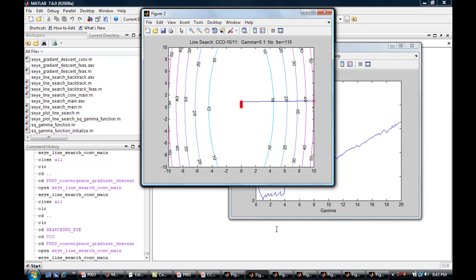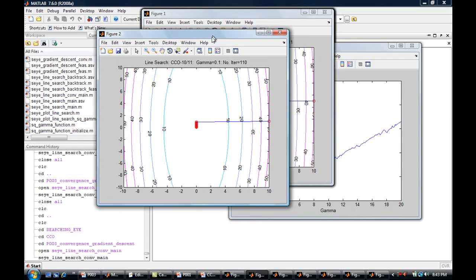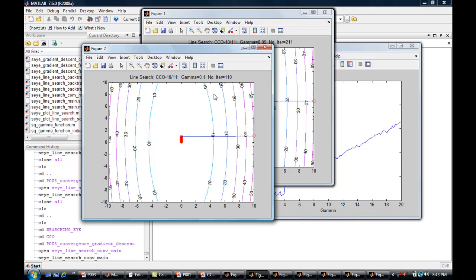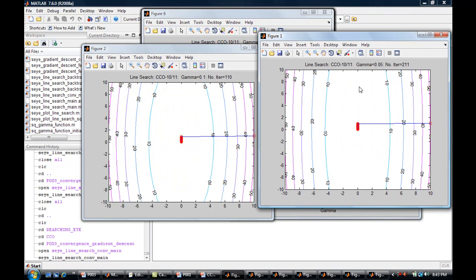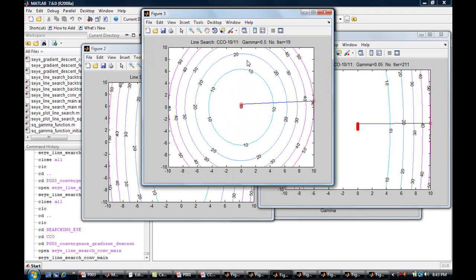So as we increase the gamma, when gamma is 0.1, then the number of iterations are reduced to 110. So the update in this y direction would be higher than the update in the case of gamma equal to 0.05. And choosing gamma equal to 0.5 gives a better number of iterations; 19 iterations are required.